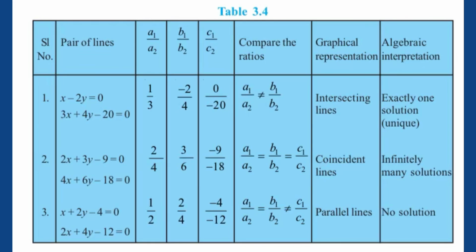But it is not equal to c1 upon c2, because c1 upon c2 is 1 by 3. So the condition is a1 upon a2 is equal to b1 upon b2, which is not equal to c1 upon c2. And when we draw the graph, we could see that the lines were parallel. They were not intersecting each other at any point, so they do not have any solutions.